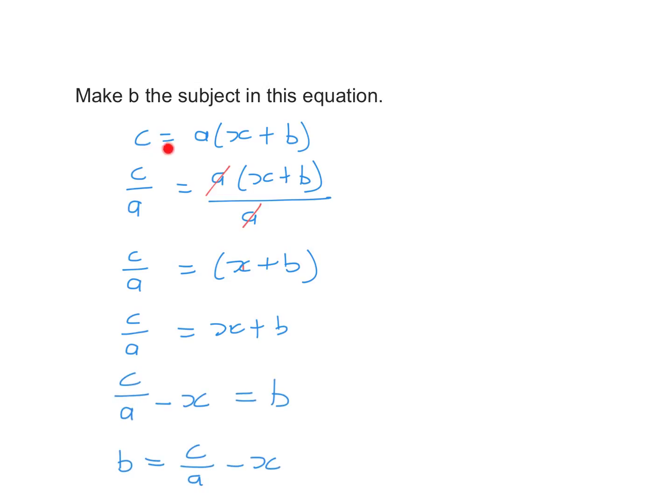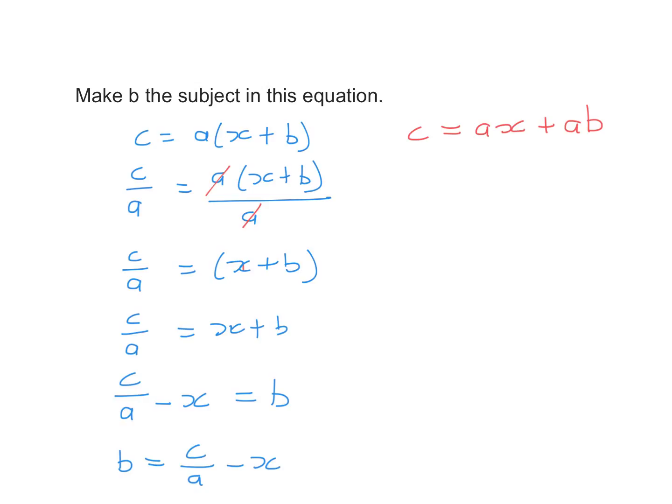The second way is just multiplying out these brackets over here. I'm going to do that in red. So that would be C equals ax plus ab. Now I need to get b by itself, so I'm just going to sort that out first. The ax over here I'm going to move across to the other side.